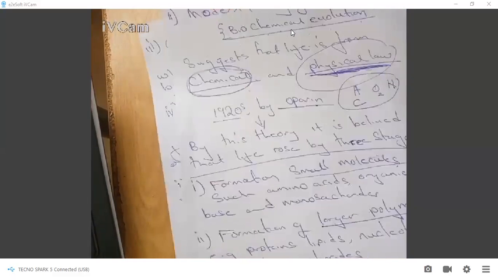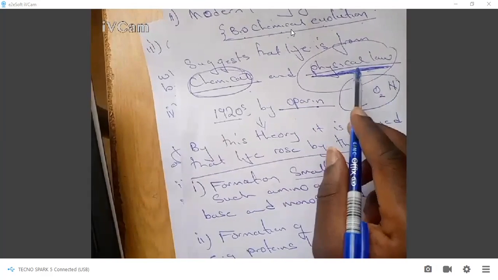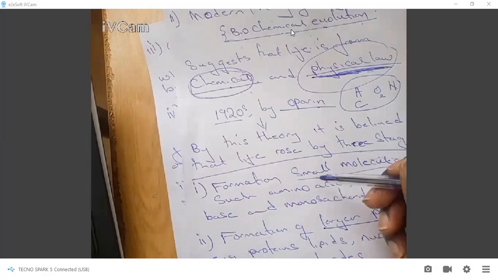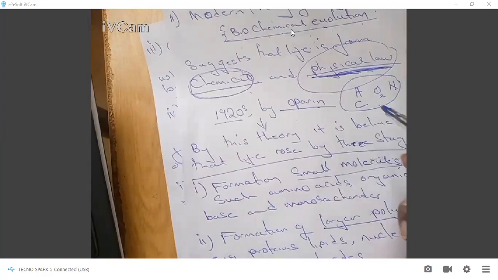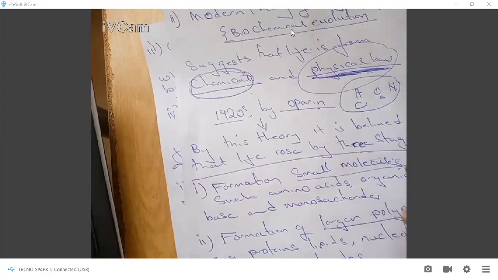Now, is there anything you have not understood so far about the modern theory of origin of life, the biochemical evolution? Whenever they ask you about biochemical evolution, it suggests that life came into existence from chemicals and physical laws, and it involved three stages. It started with the formation of small molecules from the elements. We are going to explain it, then you will understand it.